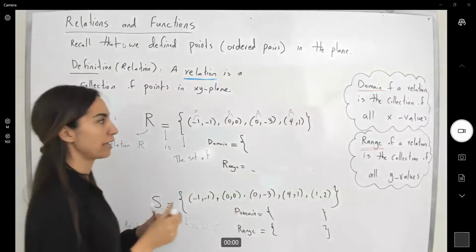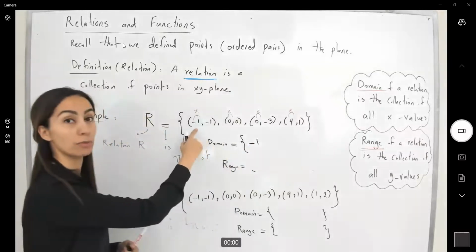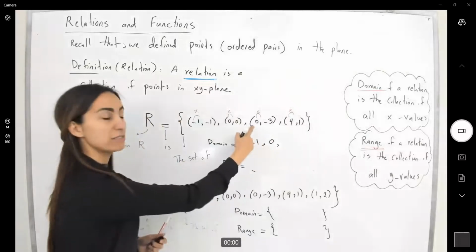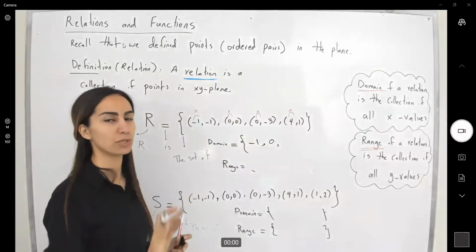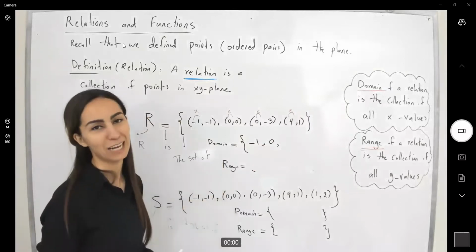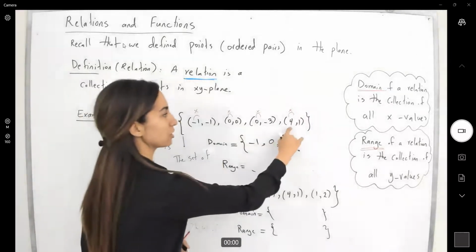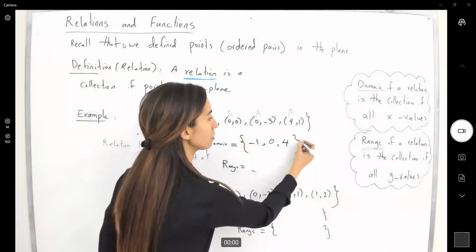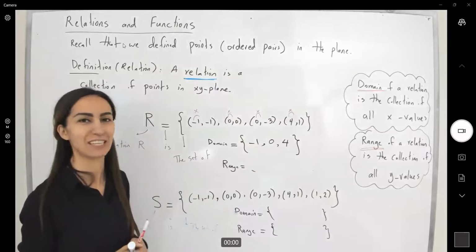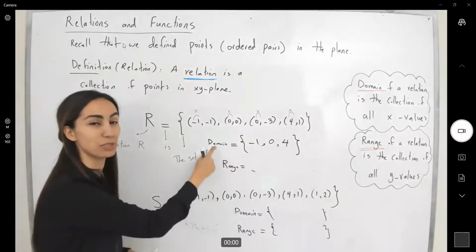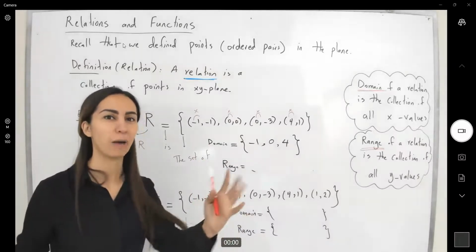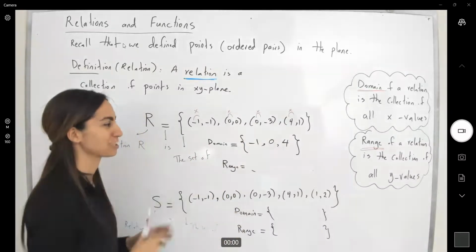I'm going to copy down -1, comma, 0, and the second 0 I'm not going to repeat. When representing the domain and range, we do not have repetition. And finally, the last x is 4. Then close the curly bracket. Guys, do not use parentheses to represent domain and range. Parentheses are for tuples, and tuples are different from sets.